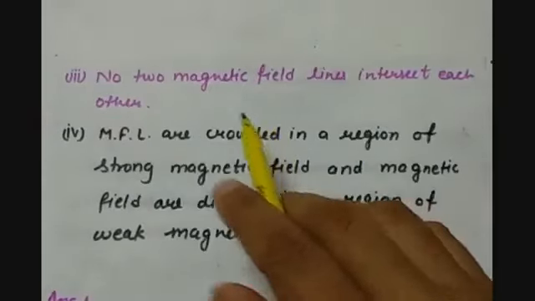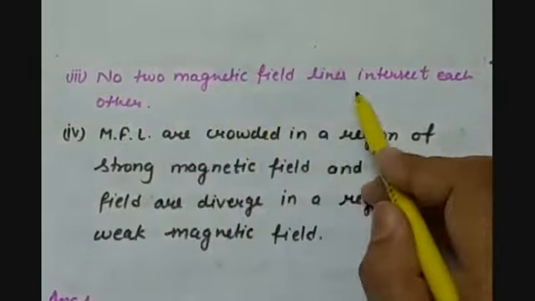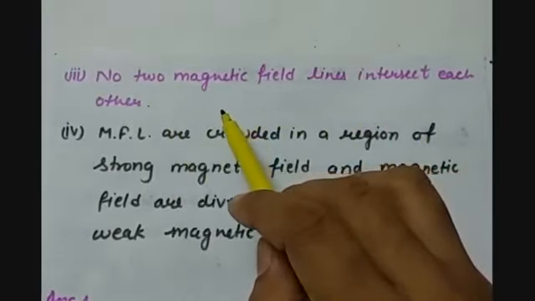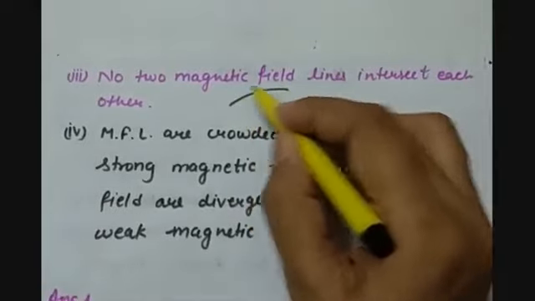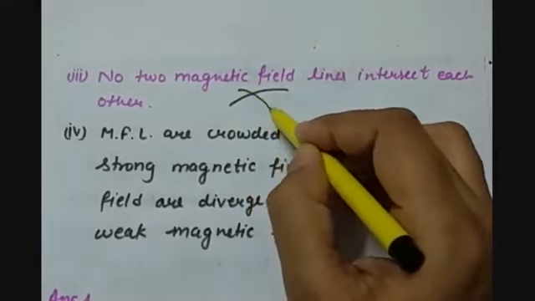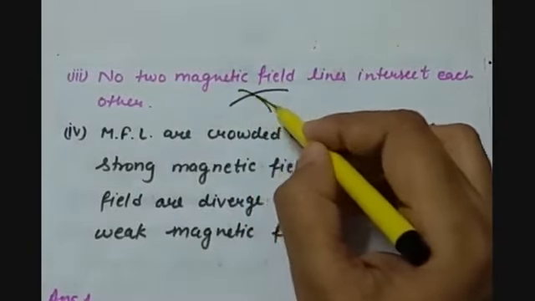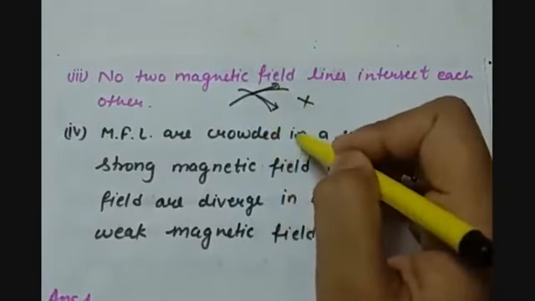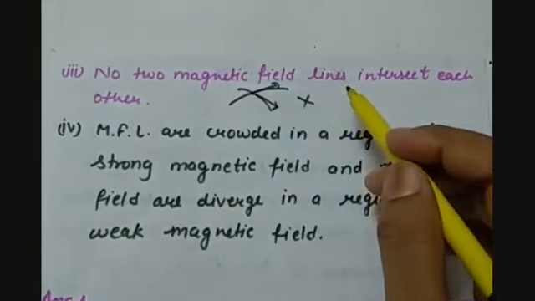Third, no two magnetic field lines intersect each other. Why? Because if two magnetic field lines intersect each other, that means at the same point we have two directions of magnetic field, which is not possible. So magnetic field lines never intersect each other.